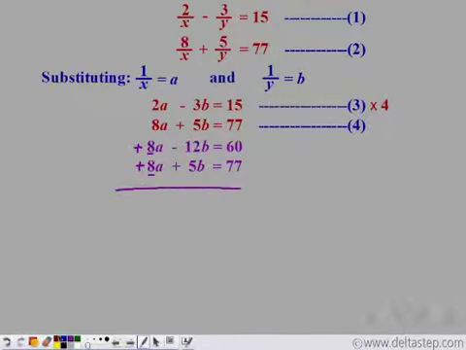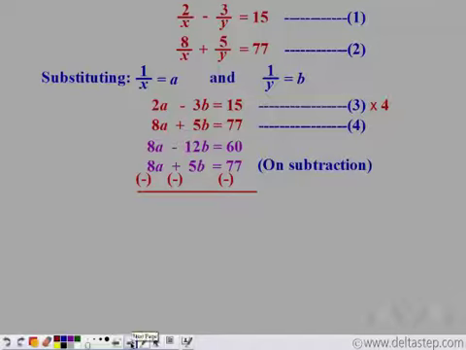On subtracting this, first we need to change the signs of the second. So this is plus, we make it minus. This is plus, we make it minus. Even this is plus, we make it minus. So we need to subtract this from this. We change all the signs. Now 8a minus 8a gives us 0.